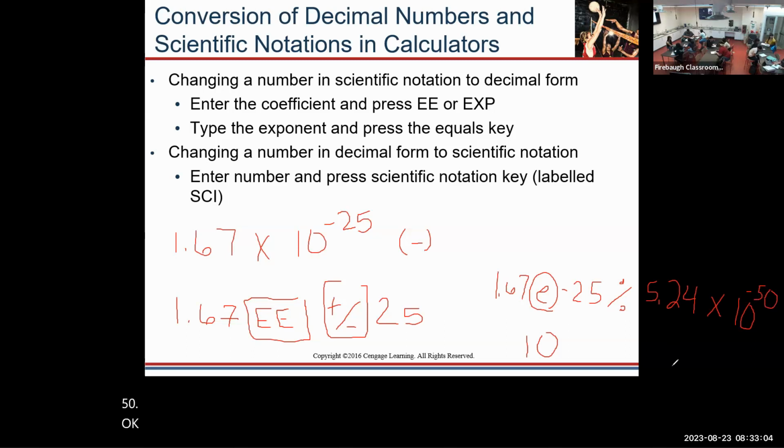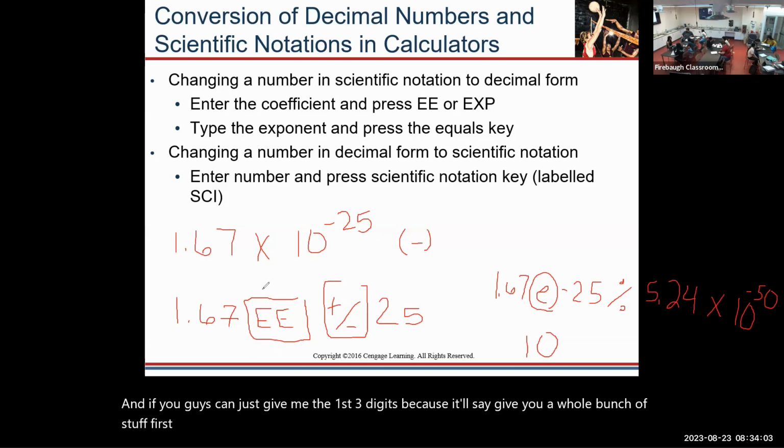Okay, so I want you to enter that in your calculator. Tell me what you guys get. And if you guys can just give me the first 3 digits, because it'll say a whole bunch of stuff.